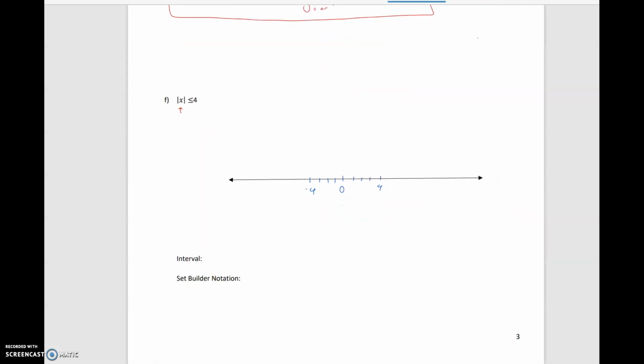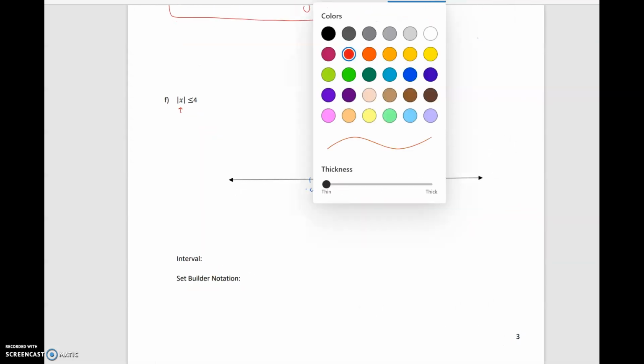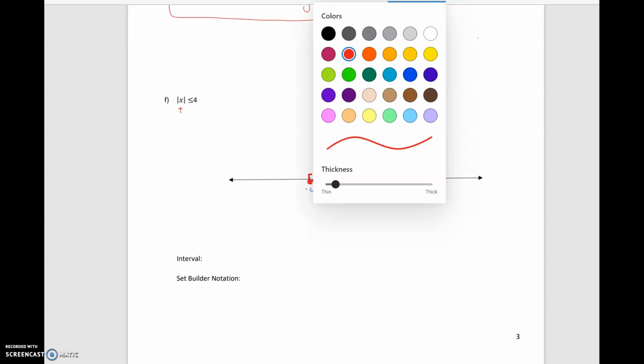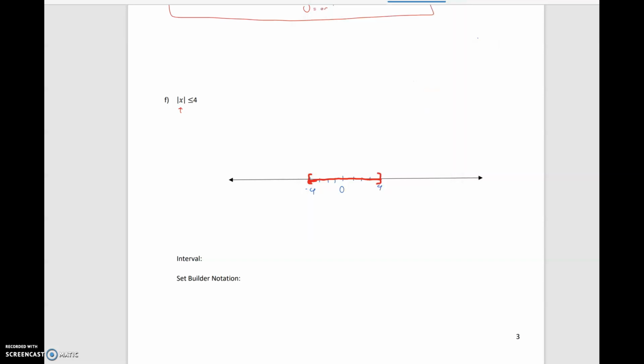So for this one, less than means in between. So technically we're looking at, and I'm going to use the bracket in between those two. All these distances are going to be less than or equal to 4. So from here to 4 and from here to negative 4, if you were to measure, there's a distance of 4. Therefore, any value in between, including 4, is going to be less than or equal to 4 units.